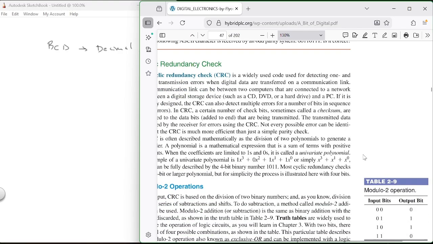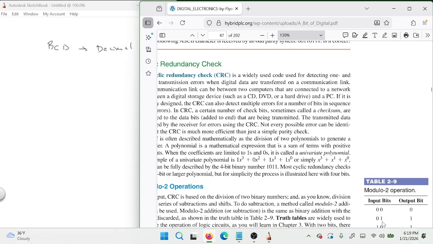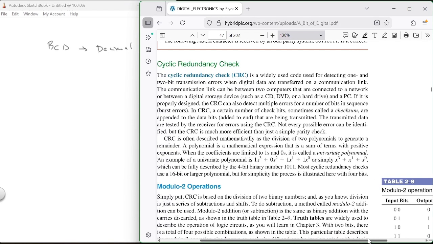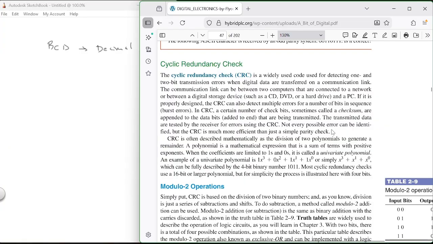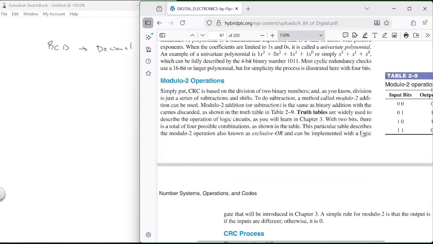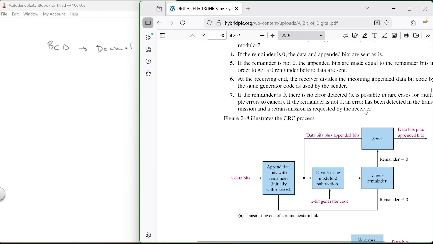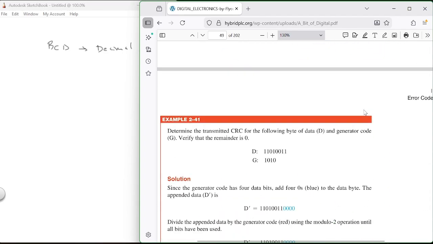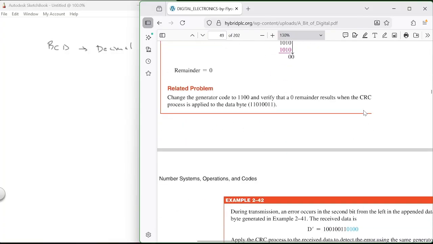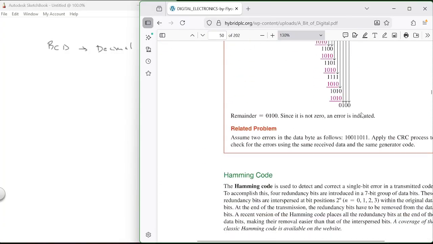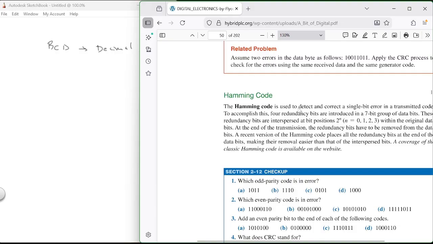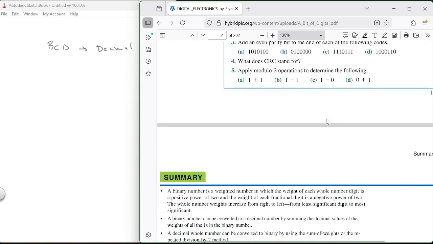Those are error checking methods for transferring information between 2 devices. If you ever want to go back and look at this, you can. CRC, how that's done is right here, and LRC is the other one. There are ways to guarantee that you're getting the number through correctly. And there's Hamming code. I don't know anything about Hamming code.